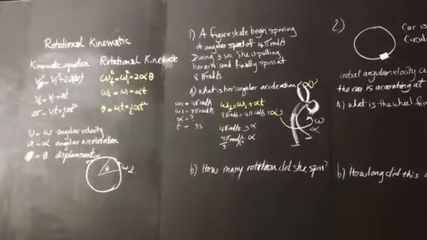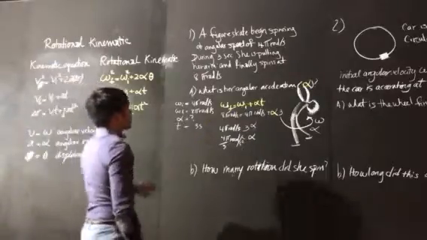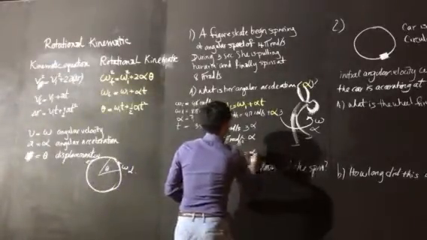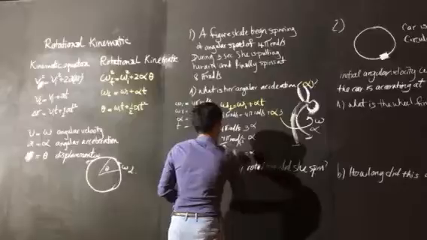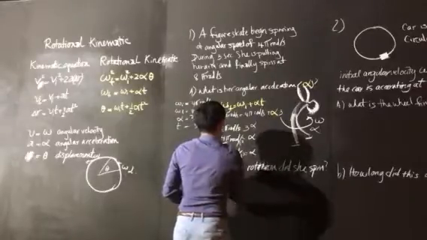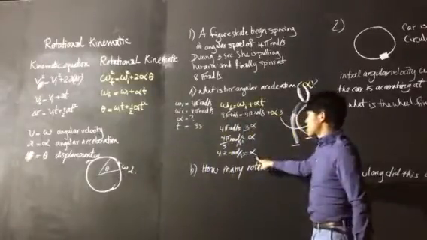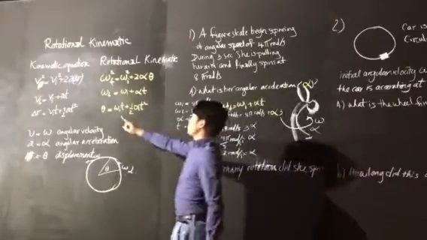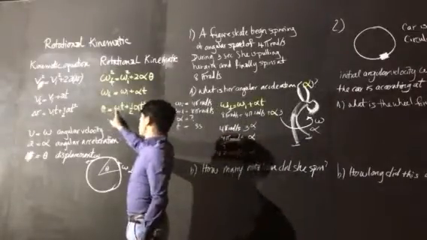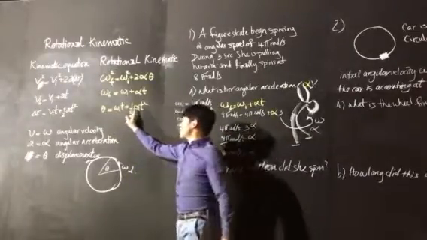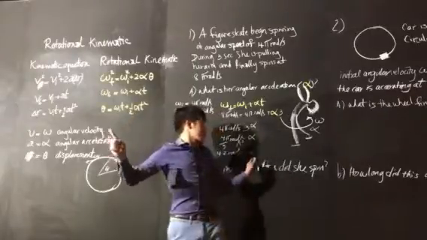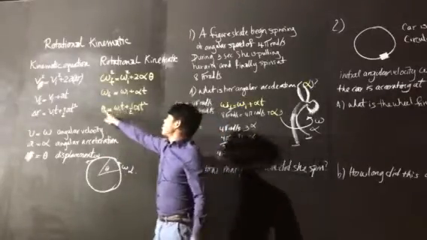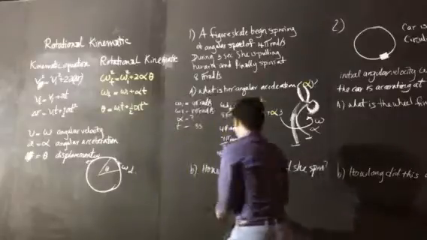When I convert this one, I get about 4.2 radians per second squared. We're going to use this to calculate that. We know this term, and we just calculated that one, so I'm going to utilize that equation.